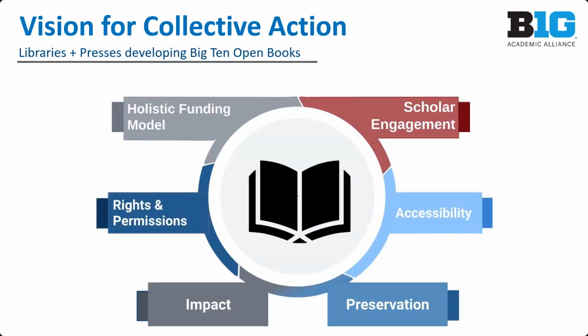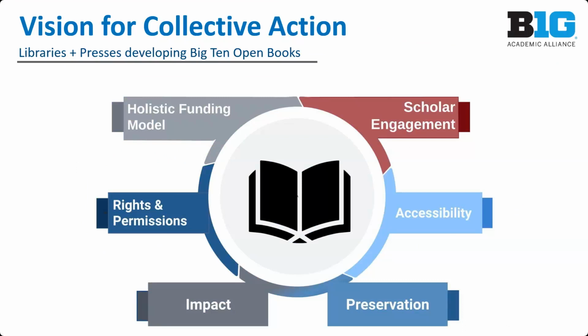So really scaling up from this one pilot, we're envisaging a future of OA monograph publishing, not enough coffee, sorry, that addresses these areas for collective action. These are shared pain points, and they're shared between libraries and presses.